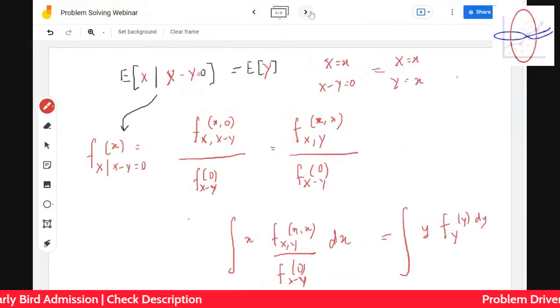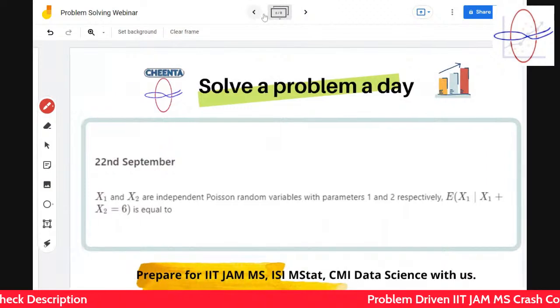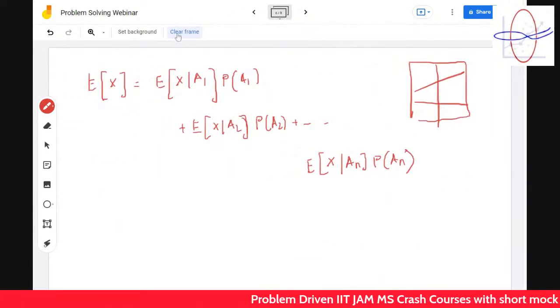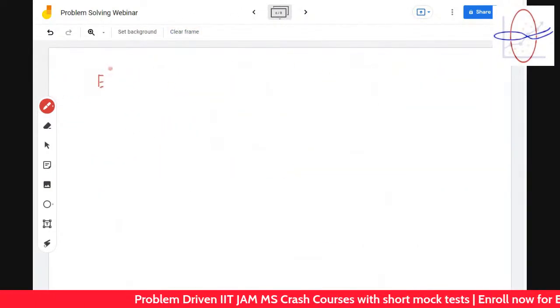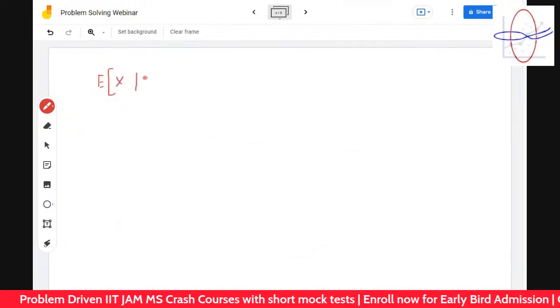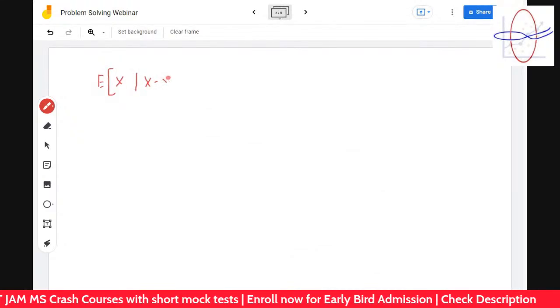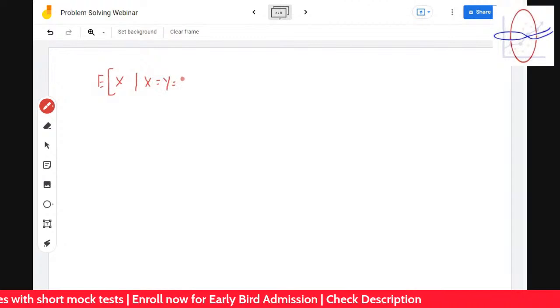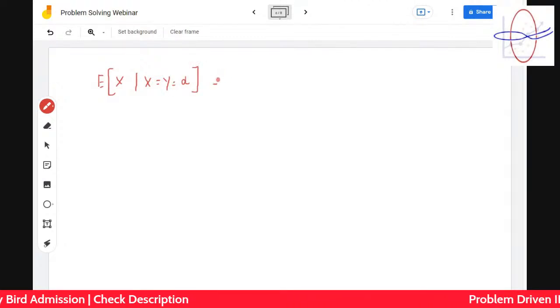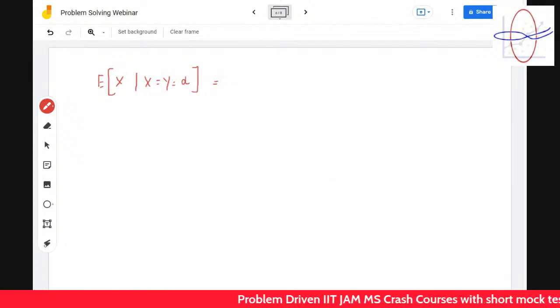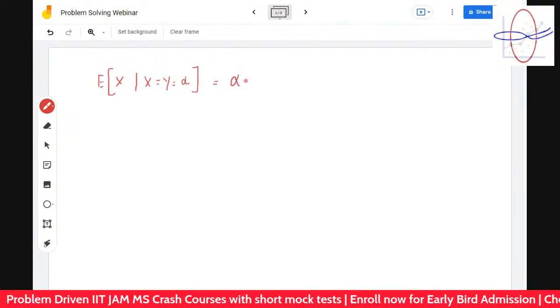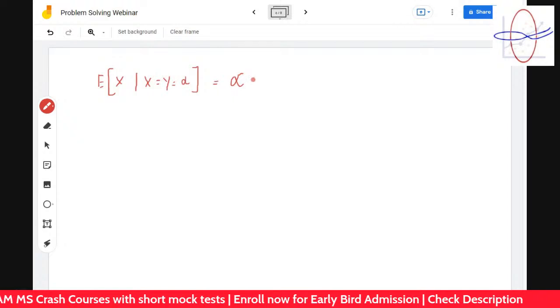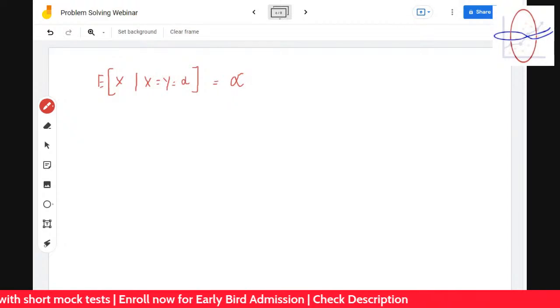I will just give you a hint. Do you feel that if it was given like this, expectation of x given x minus y, x is equal to y, right? It was given that x is equal to y is equal to some number, let's say alpha. So then this will be what, guys? This will be alpha, right?